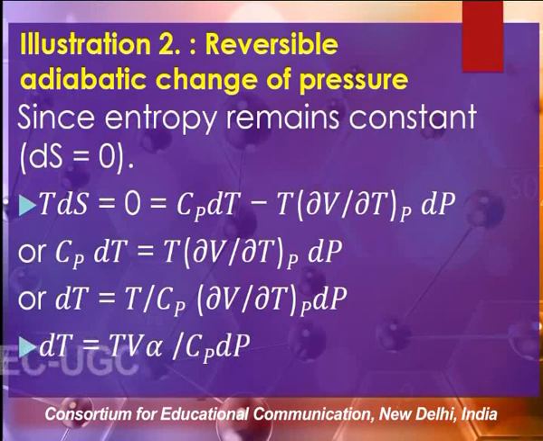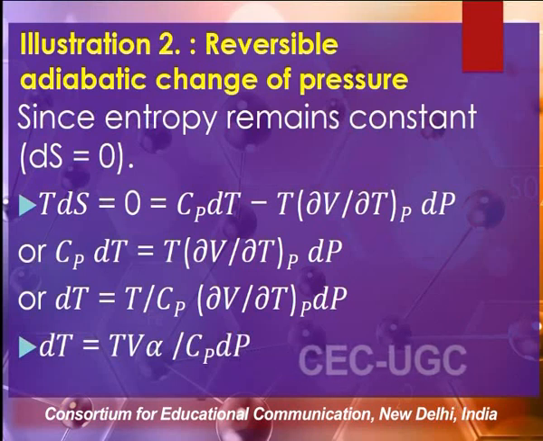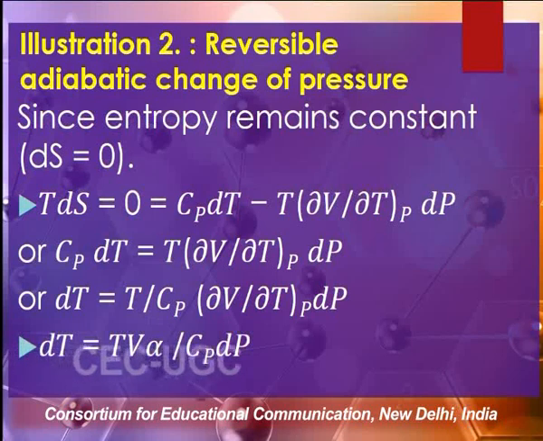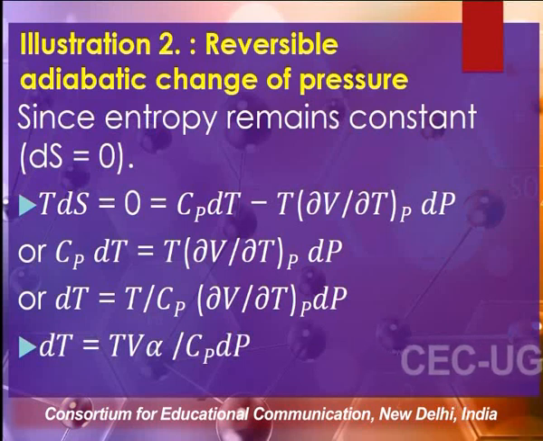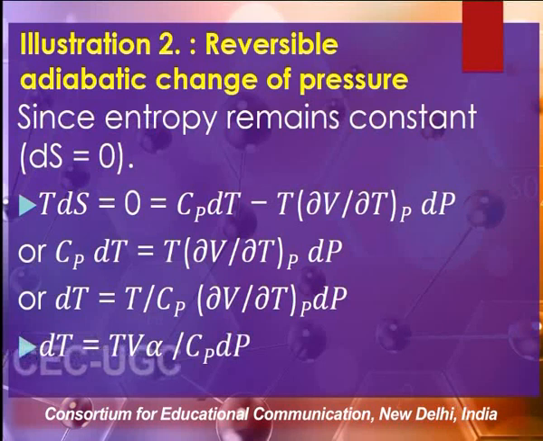Rearranging the equation, we get Cp dT is equal to T (∂V/∂T) at constant pressure into dP, or dT is equal to T by Cp (∂V/∂T) at constant pressure into dP.